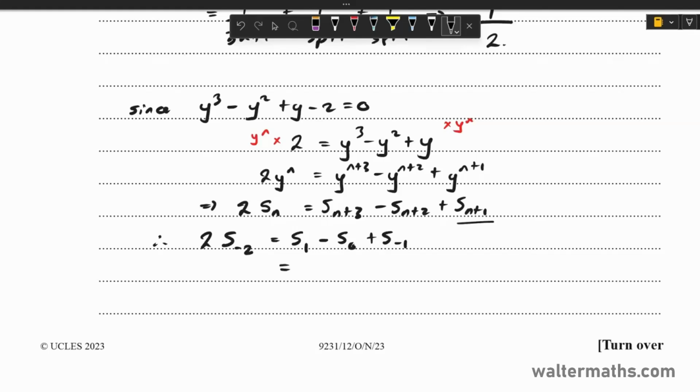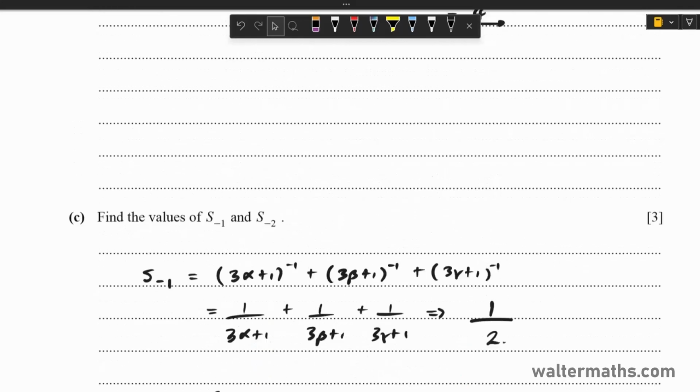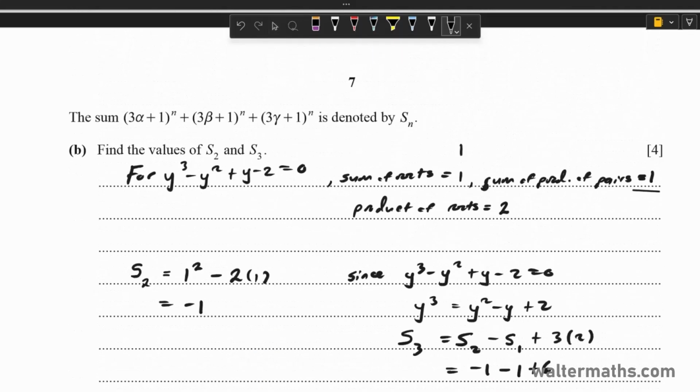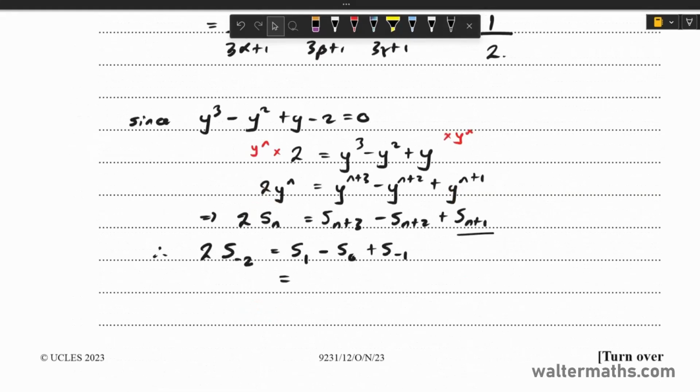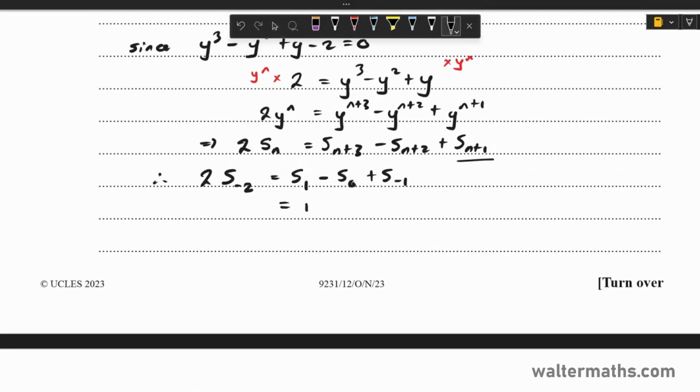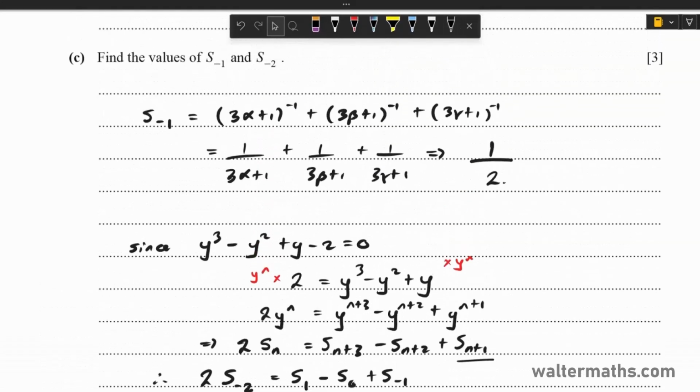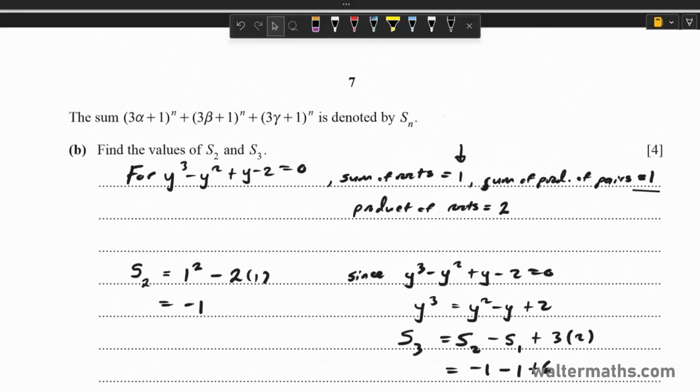Now sum to 1 is the sum of roots for this here, which is actually 1. So we have 1 here, and this minus sum to 0 means the roots to the power 0. So we're putting 0 here, and we get 1 plus 1 plus 1, which is 3.